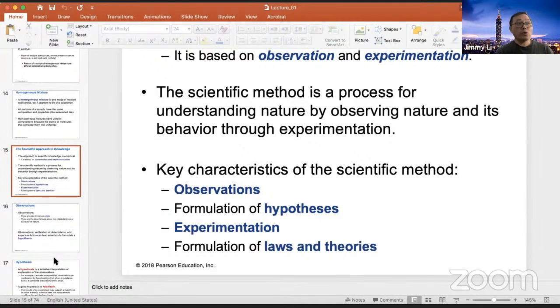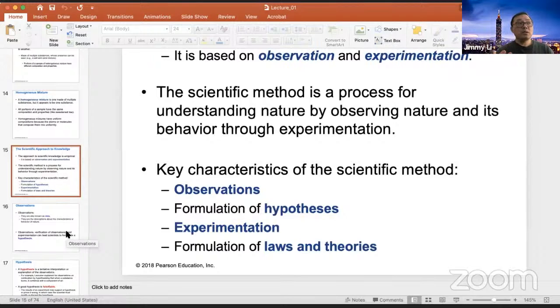After they observe something, they have the curiosity, so based on their observation they think about what hypothesis they're going to make. Based on the hypothesis, they design an experiment, and they need to make sure that the experiment is reproducible.